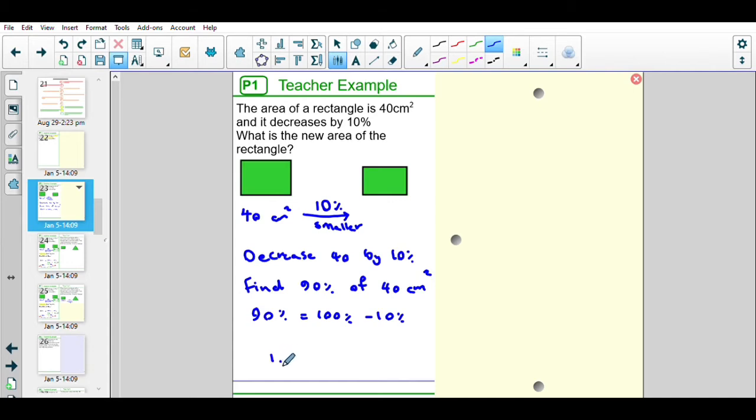Let's find the 10%. 100% is 40. Subtract 10%, that is 4, is equal to 36 centimeters squared, and that is the new area of the rectangle.